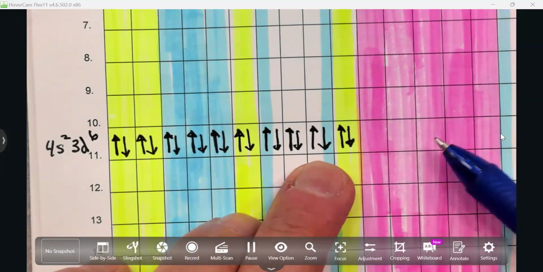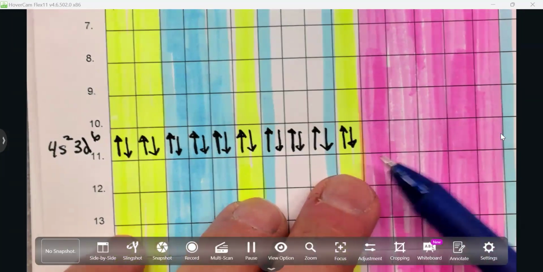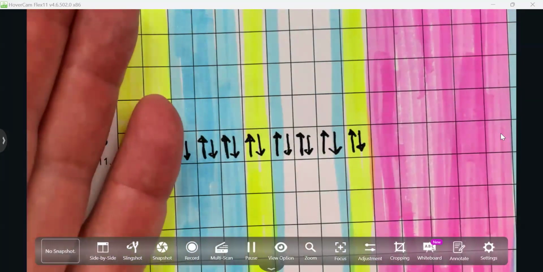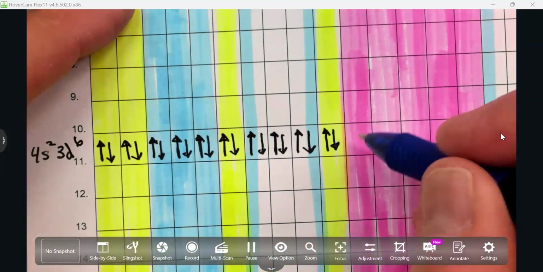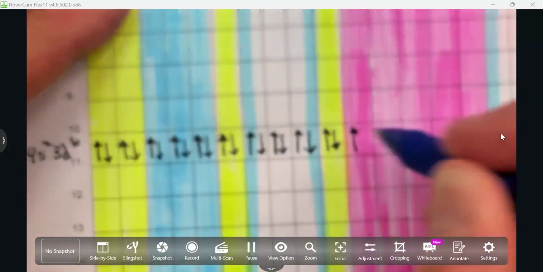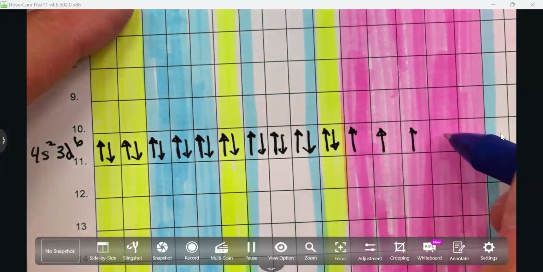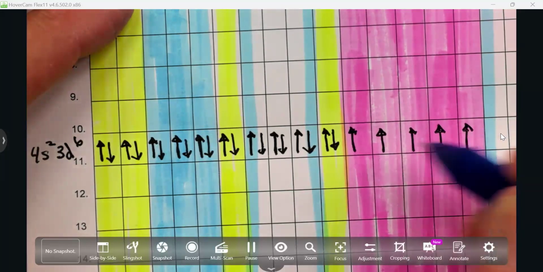3d6. Here's my 5 d orbitals. So I'm going to put 6 in there, but I need to start with all 5 up or all 5 down. Again, it ends in d6, so according to Hund's rule, it's more stable to have one electron in each orbital of the same spin before pairing.